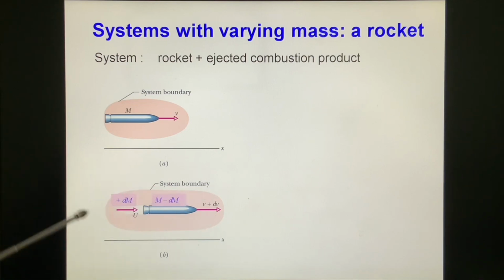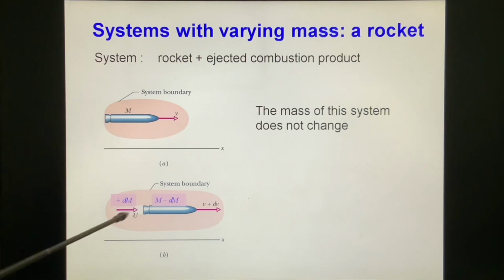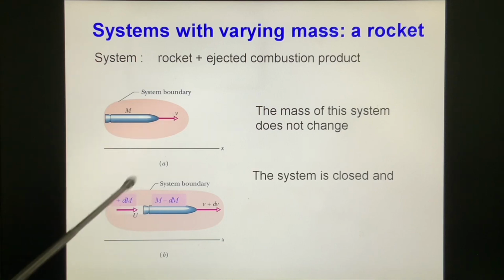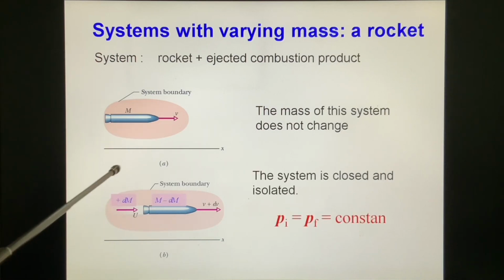And this is a closed, isolated system, so the total mass does not change, and the linear momentum is conserved. Before ejection and after ejection, the linear momentum of the system is constant. That's the physics.